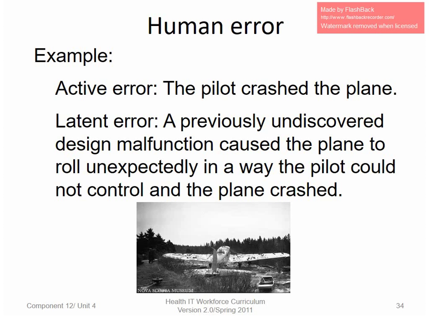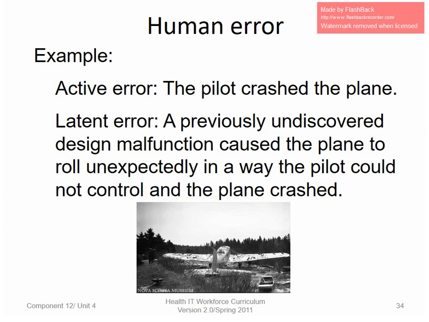You'll hear terms like active and latent error. Active error is somebody actively doing something. The pilot drove the plane into the ground. The nurse actively did not scan the barcode. They chose not to do that. A latent error is something that's previously undiscovered.